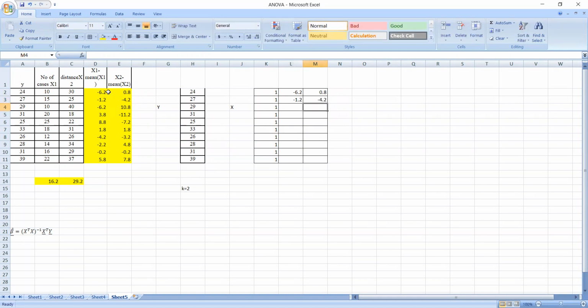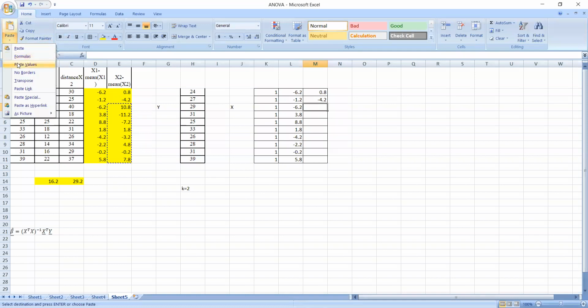So likewise, you have to enter each and every observation to your matrix X. So I'll just copy the values here. I'm going to just copy the values and obtain matrix X. So you have matrix X.